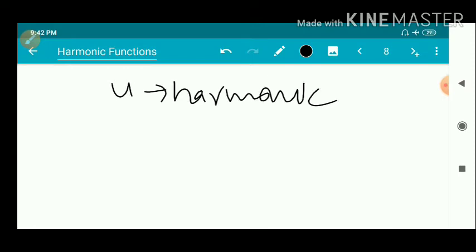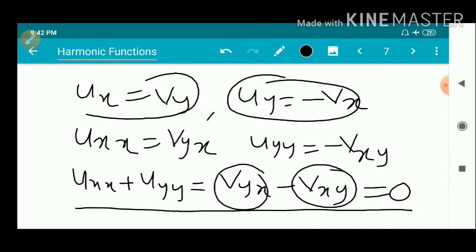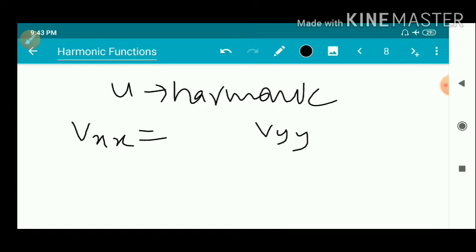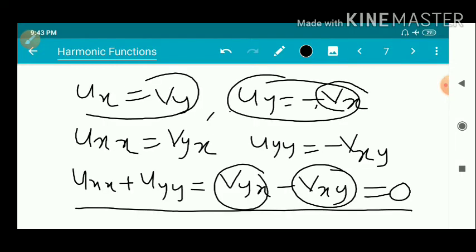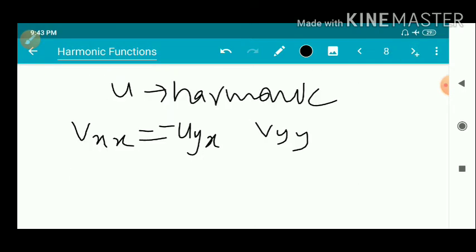Now we have to prove that v is harmonic. So we find vxx and vyy. Here vx equal to minus uy, so vxx equal to minus uyx. And also vyy equal to uxy, differentiating both sides with respect to y.